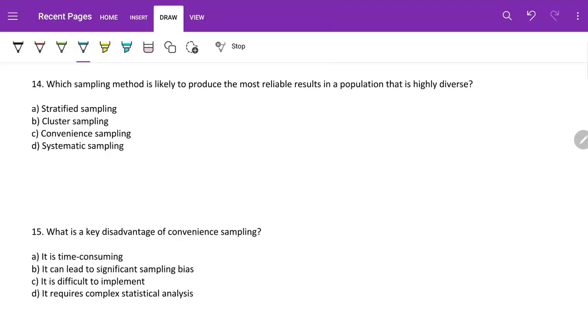Which sampling method is likely to produce the most reliable results in a population that is highly diverse? Highly diverse means the population is heterogeneous, and for such data we go for stratified sampling.